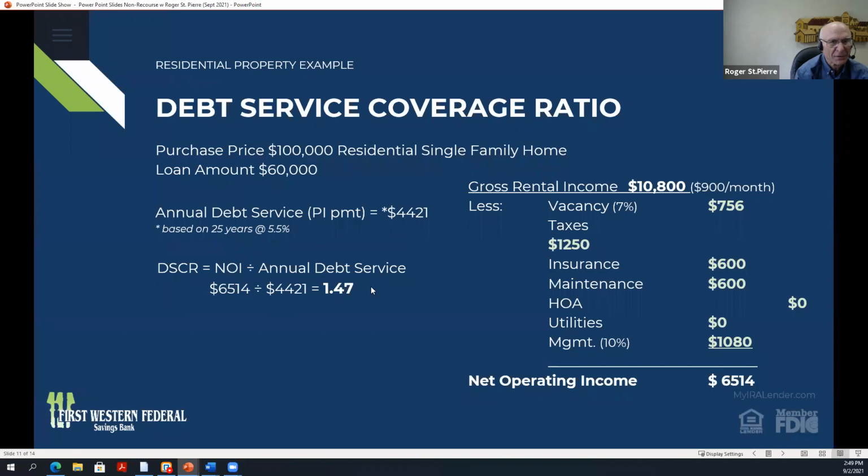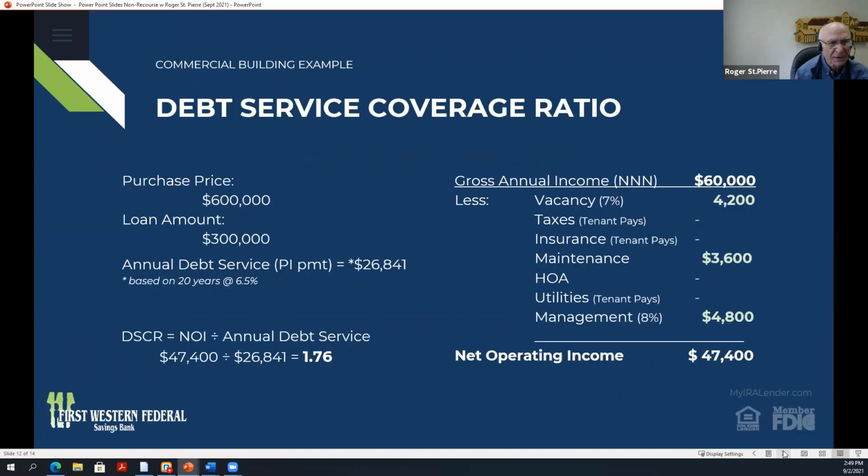The next deal I have as an example is a commercial one. This one, an individual bought a commercial building for $600,000. He put $300,000 down with his solo 401k monies. We financed $300,000, and we financed it at a 6.5% 20-year term, if you see on the left side.